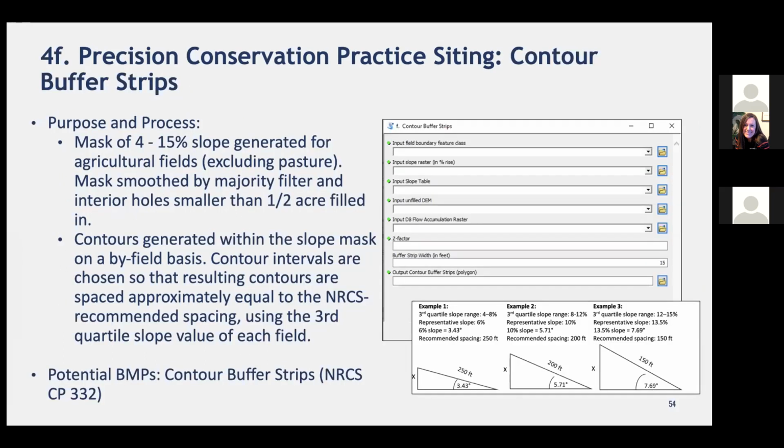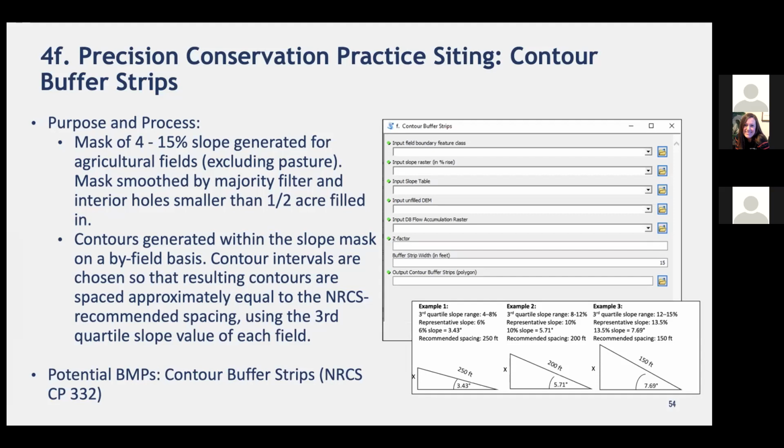The next practice that you can site or identify opportunities for in the ACPF are contour buffer strips. So contour buffer strips, remember that they're strips of grass or forbs that you can place at different locations up the shoulder, back slope, and then down into that foot slope to slow water down and hopefully also slow down sediment and phosphorus.